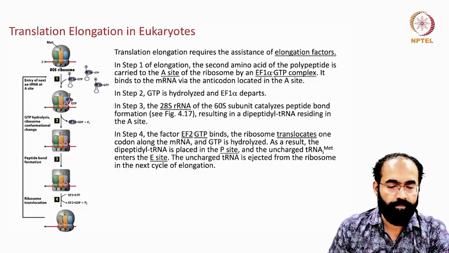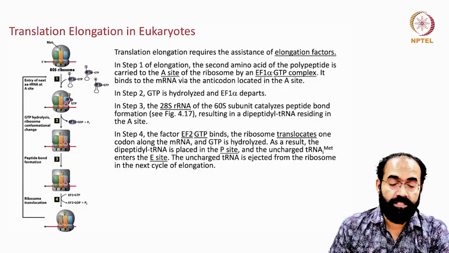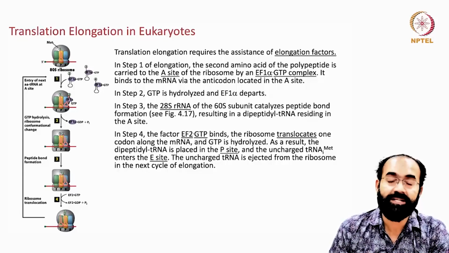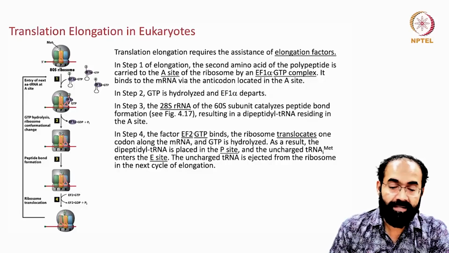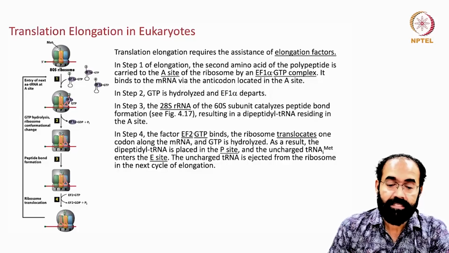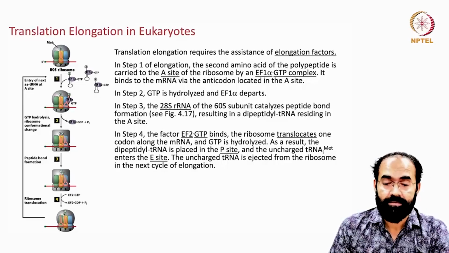It moves away. In step 3, the 28S ribosomal RNA of the 60S subunit catalyzes the peptide bond formation, the CONH bond formation, resulting in a dipeptidyl tRNA.